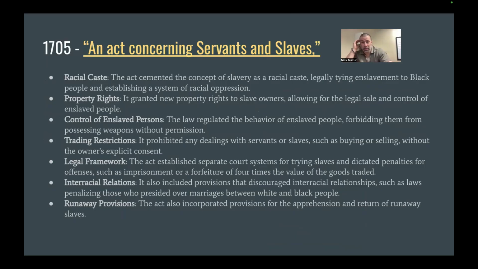How the condition is tied to your birth status, your mother's status, how your condition is permanent and for life, how your condition basically revealed that you were going to live in a constant state of servitude and that there was no way to get out of it. And this is simply to guarantee a labor force that can be counted upon to produce cash crops to develop an economy.